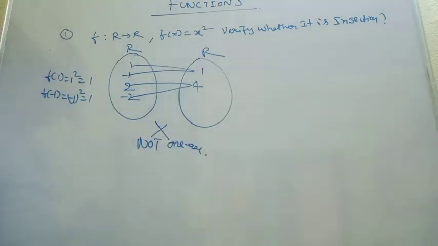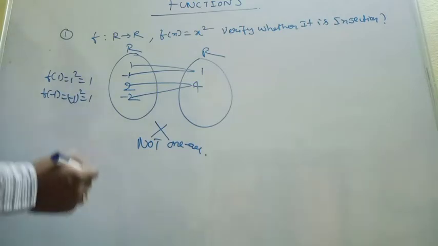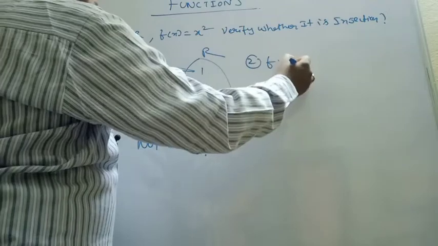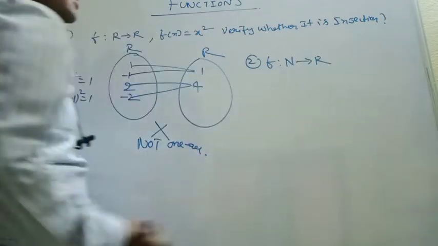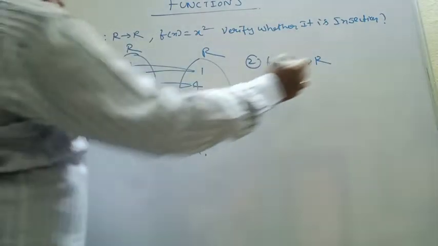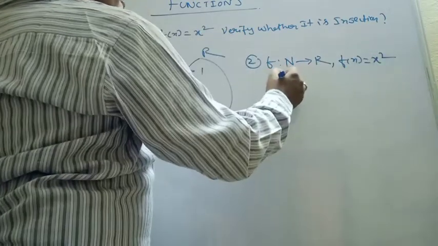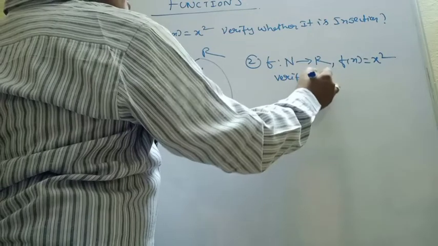Like this, we are going to check whether it is a 1 function or not. Now, second example: suppose instead of real numbers, we take natural numbers to real numbers, and the rule is f of x is equal to x square. Verify whether it is 1 or not.